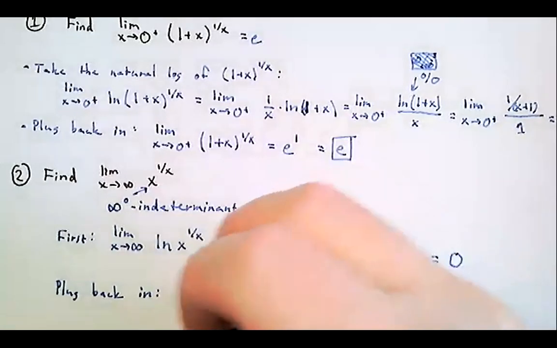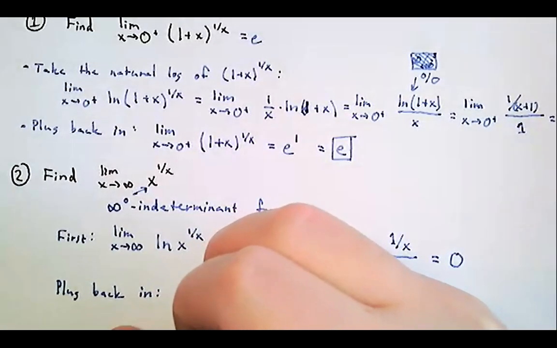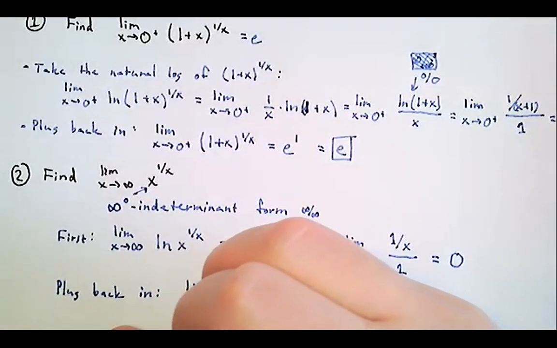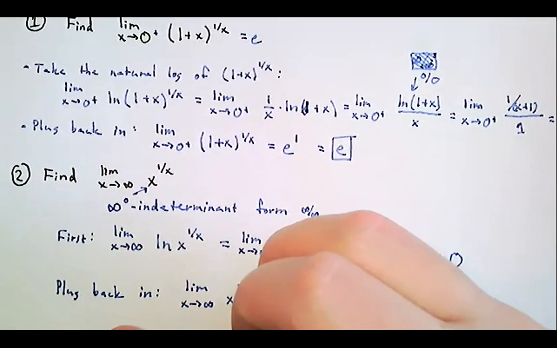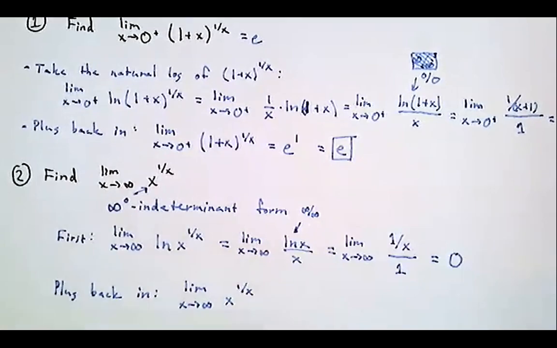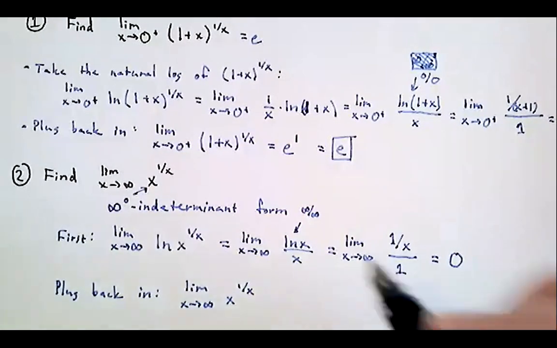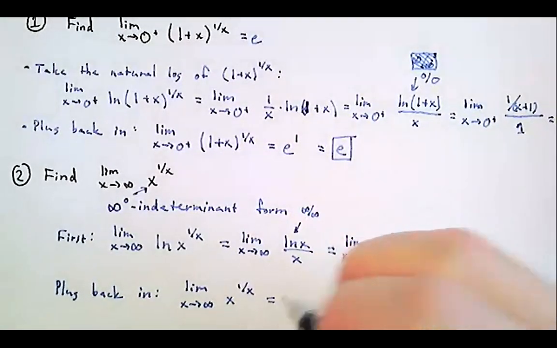So the original limit for x to the 1 over x, we can do using this limit.